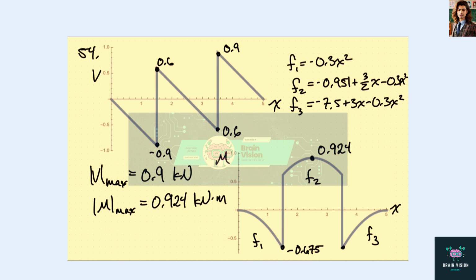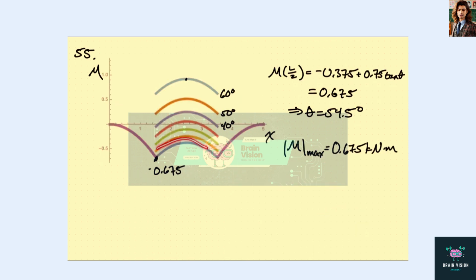So as we change the angle, this parabola is going to shift up and down, and I've plotted it for various values here: 60, 50, 40, 30, 20, 10, and 0.